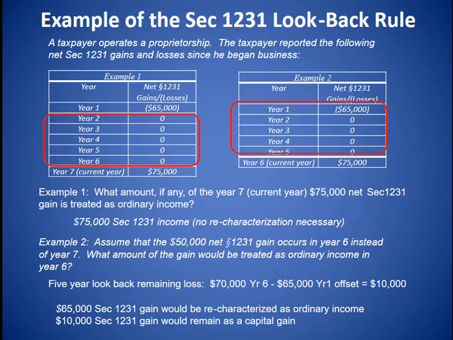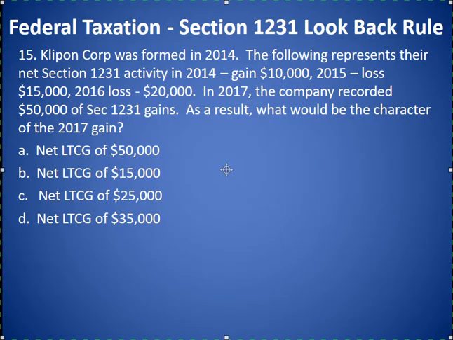Okay, now let's take a look at a Section 1231 look-back rule computation question. Clip-On Corporation was formed in 2014, and the following represents their net Section 1231 activity in several years. 2014, there was a gain of $10,000. 2015, there was a loss of $15,000.